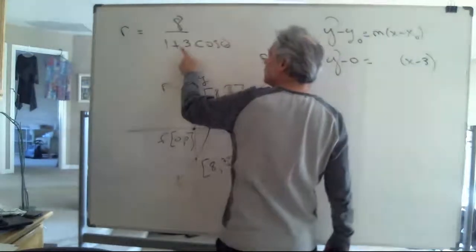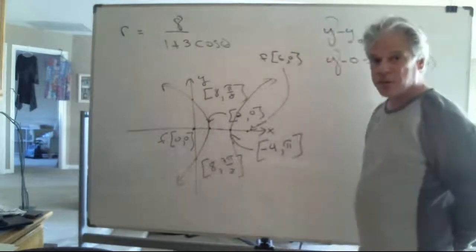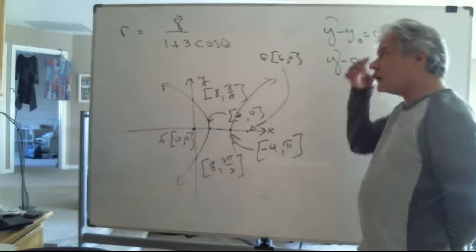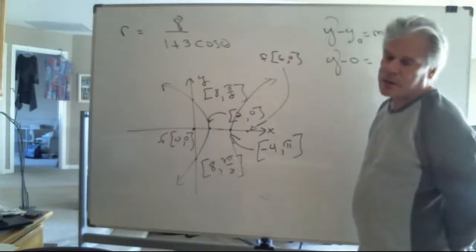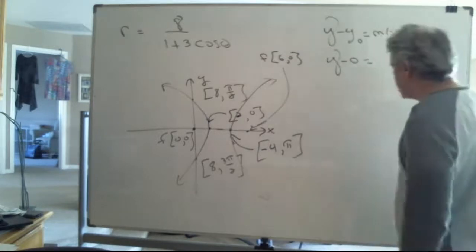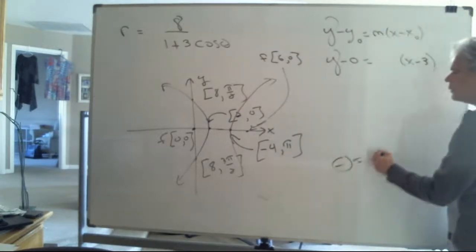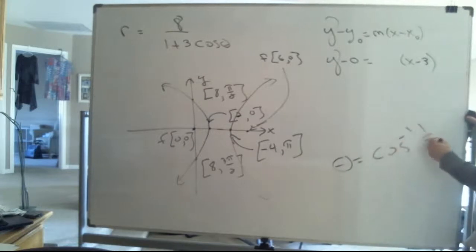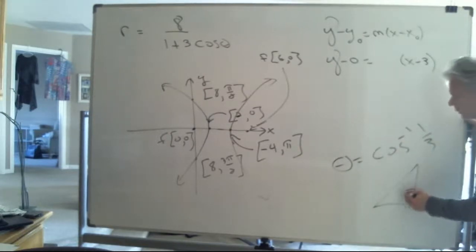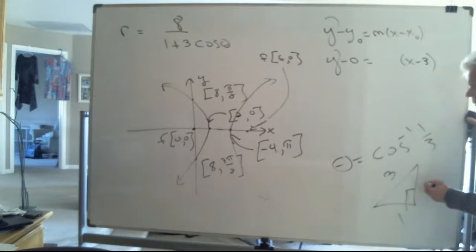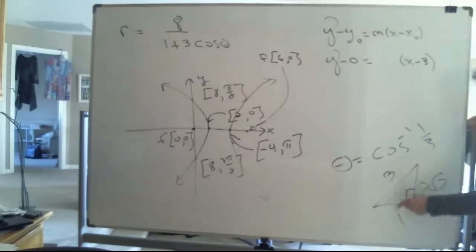But r is certainly undefined when the cosine of theta is -1/3. And so theta is the inverse cosine of -1/3. Can I just look at this reference angle? Let's go ahead and let theta be equal to the cosine inverse of 1/3. Draw myself a nifty little triangle. So doesn't that mean then the slope is just going to be rise over run?